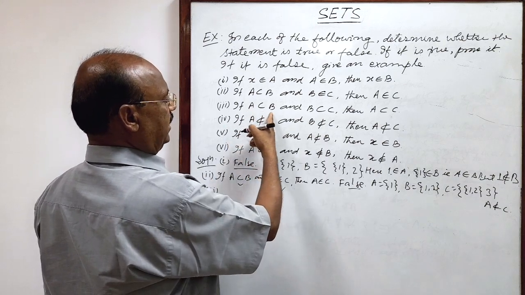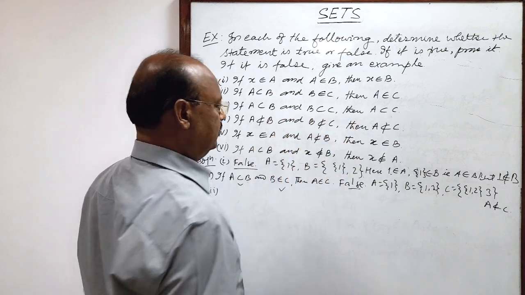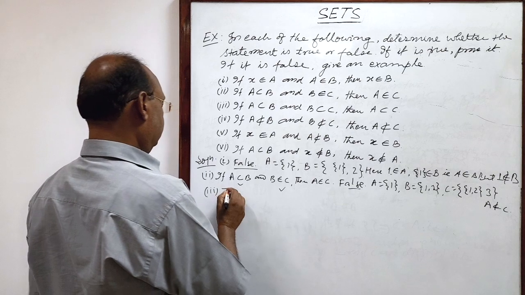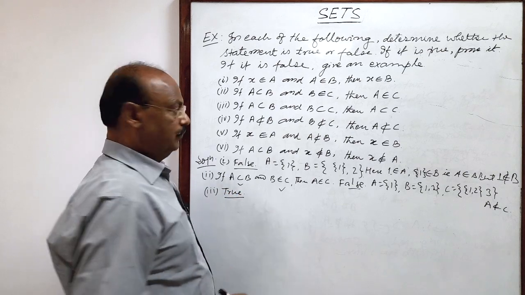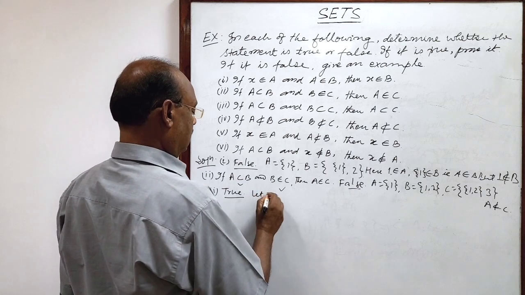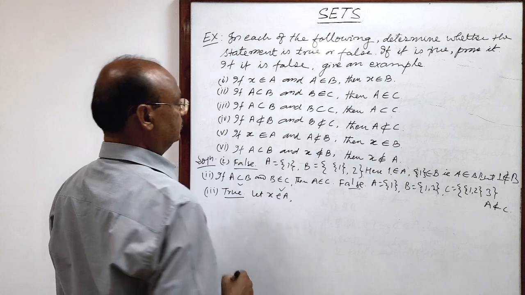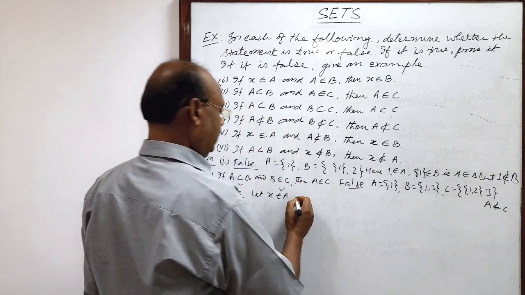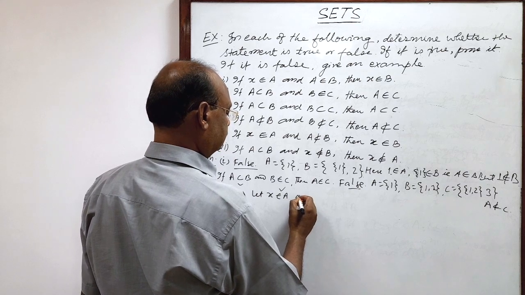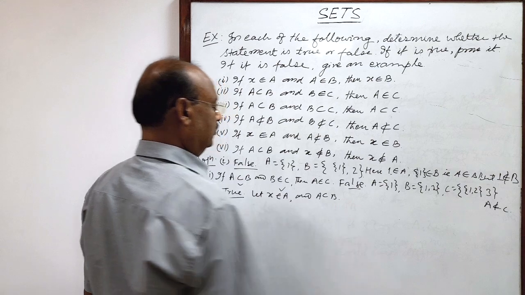And third, here if A is a subset of B and B is a subset of C, then A is a subset of C. This statement is true. Let us see how. Let X be any element of set A, and A is a subset of B. What does it mean?